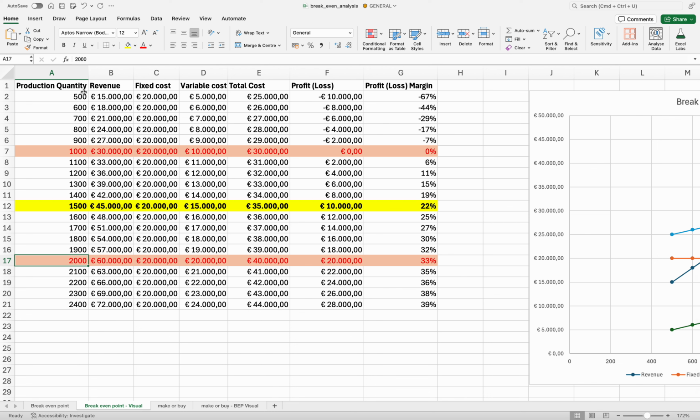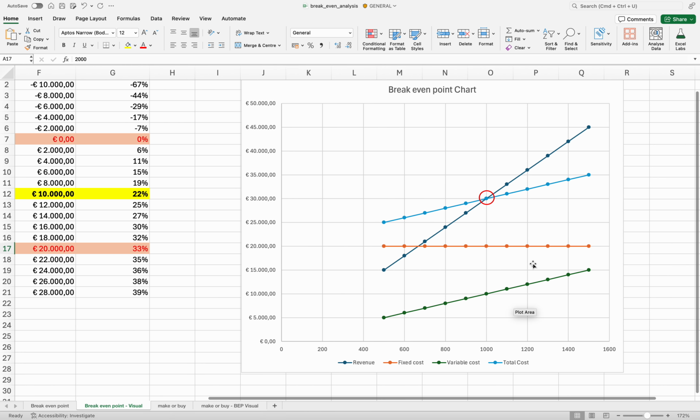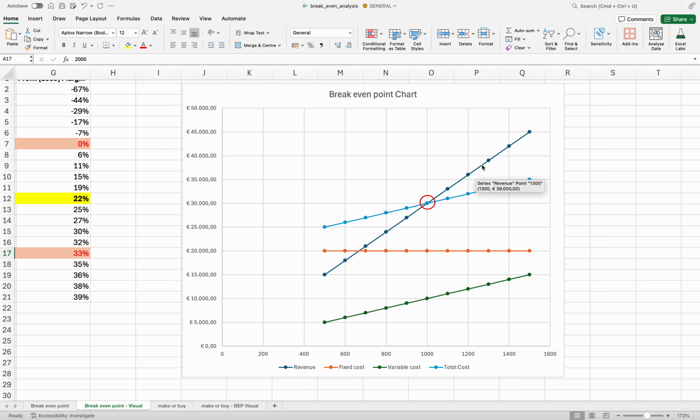I now plot for different production quantity the different moving variables and the objective function, and understand the different margins that would be generated at different production quantity levels. Here you can clearly see that the total revenue line and the total cost line intersects at 1000 pieces, and that particular point is your break-even point.